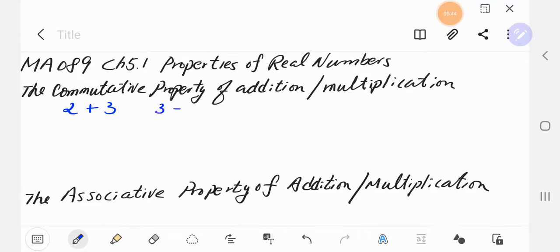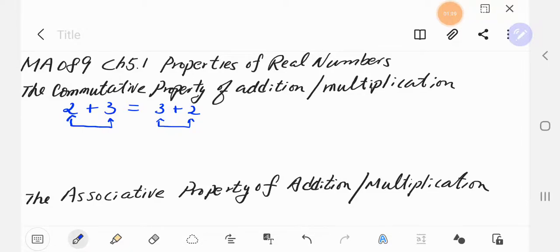So 3 plus 2. When you add two numbers, you can just switch them. So actually they are equal. Commutative property of addition means you can switch these two numbers or two terms, and the result is still the same.